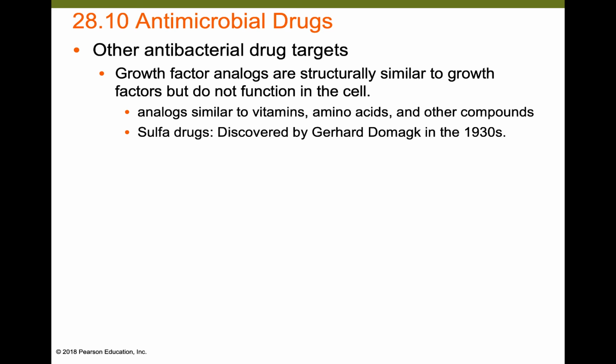For example, sulfa drugs are used to interfere with folate biosynthesis. We don't produce folate, eukaryotic cells, we don't produce folate. We get folate from our diet. It's one of the B vitamins, but bacteria don't pick up folate, they have to make it. So sulfa drugs can inhibit folate biosynthesis, which will lead to antimicrobial activity in the cell.